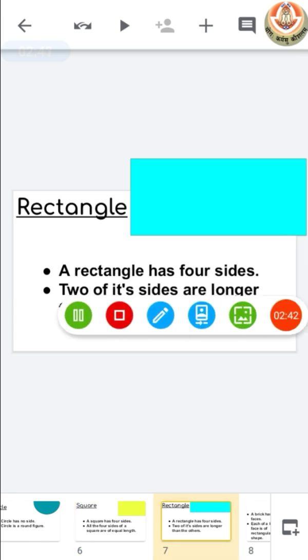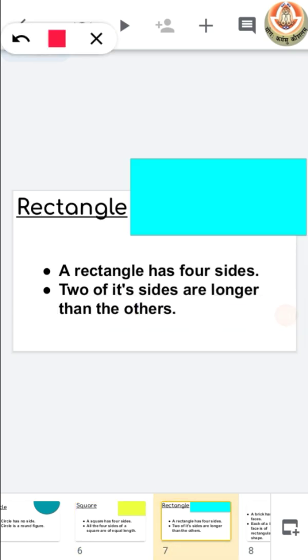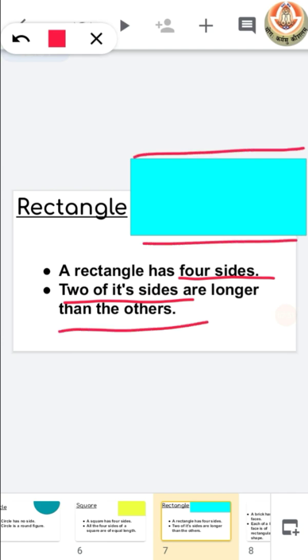Now we have the rectangle. A rectangle also has 4 sides, but 2 of its sides are longer than the others. Means these 2 sides are longer than the other 2 sides.